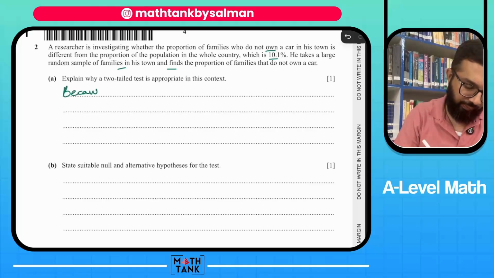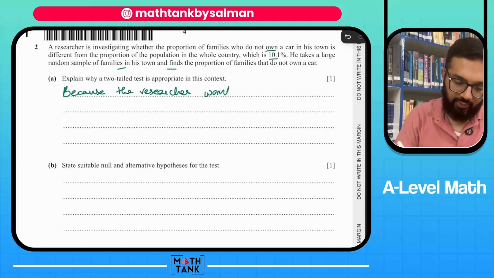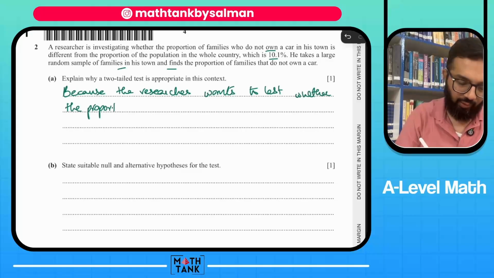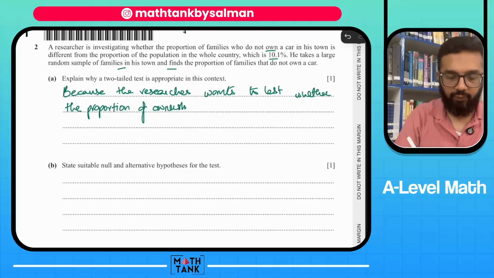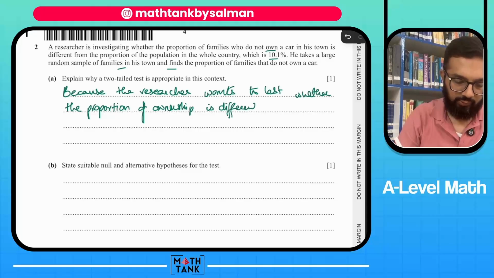Because the researcher wants to test whether the proportion of ownership is different from 10.1%.